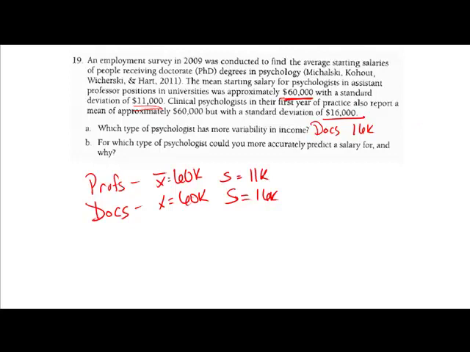Well, if we're trying to guess salaries, I would say the professors are easier to guess, because their distribution for profs is a lot tighter, remember the empirical rule, than the distribution for docs, which will be a lot wider, because their curve is flatter, and so there's a greater variability around or away from the mean.